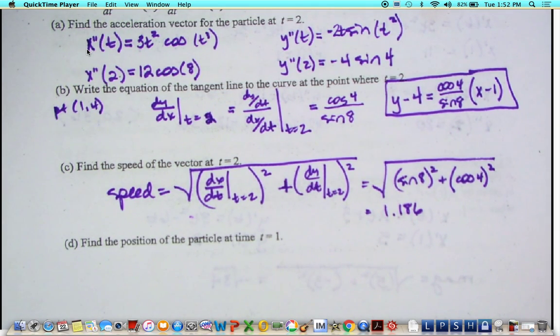Okay, and so talk at your table about how you're going to do letter D. Yeah, as a legal condition, integrate both the x and the y. Oh. Yeah, like separately. Because like on the last one, I couldn't find out where x is here.